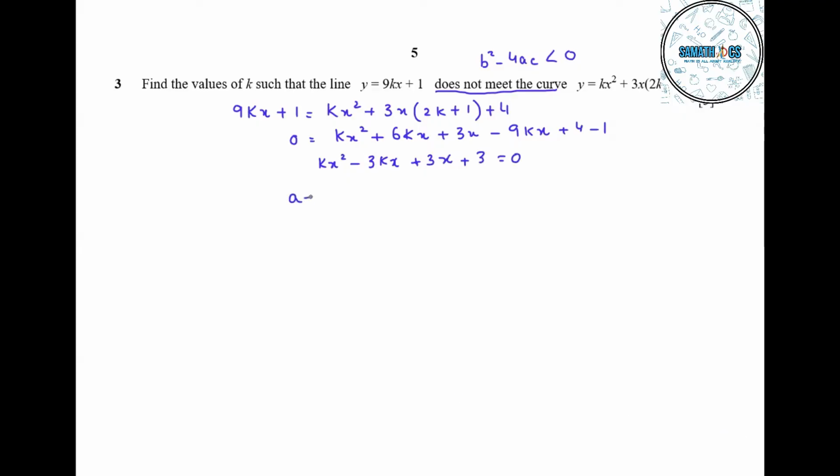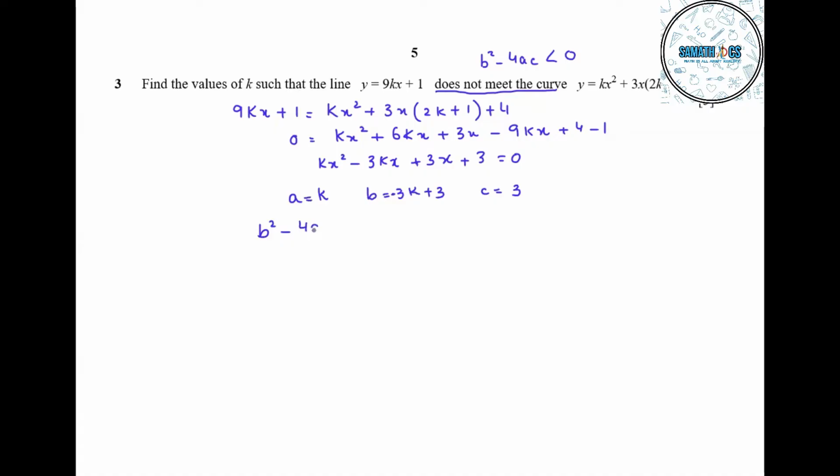So a is equal to k, b is equal to minus 3k plus 3 and c is equal to 3. Now b square minus 4ac is less than 0.